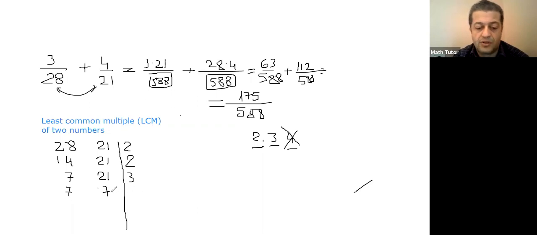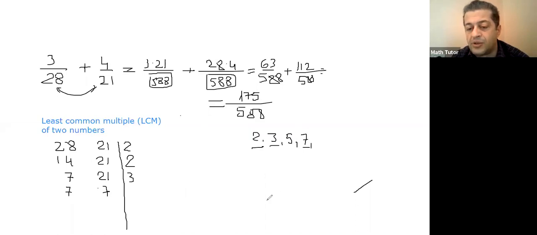Now 7 cannot be divided by 3 anymore. 4 is not an option because it is a composite number. The number 5 is still prime, but 7 cannot be divided by 5. So we continue with the next prime number, which is the number 7.